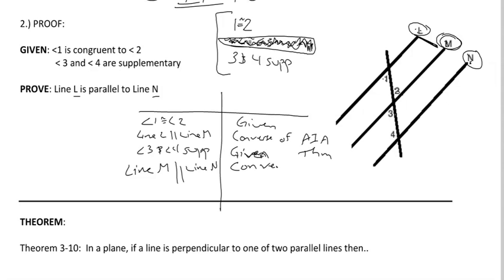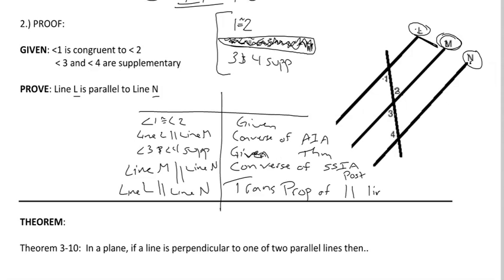That's the converse of SSIA postulate. And I can finish it up by line L is parallel to line N. And that would be the transitive property of parallel lines.